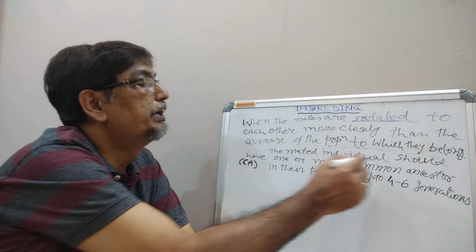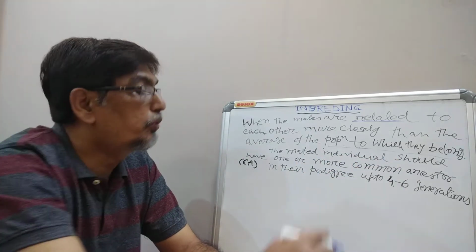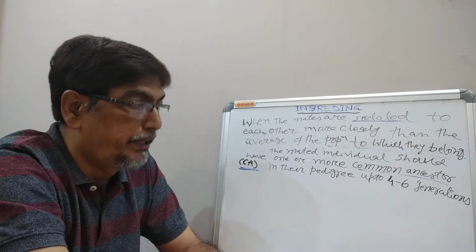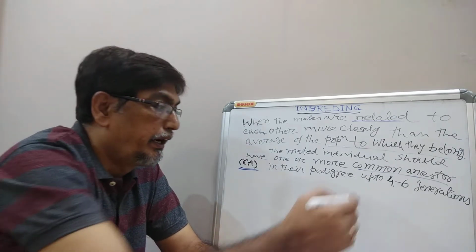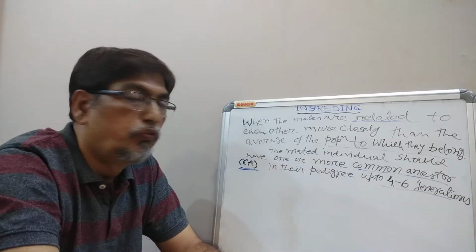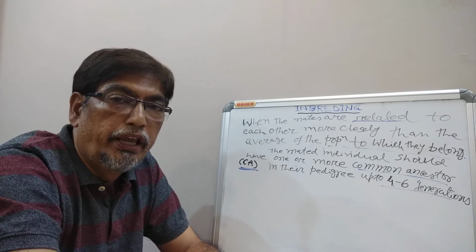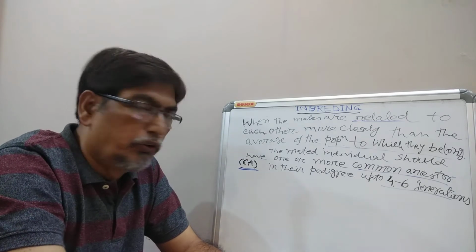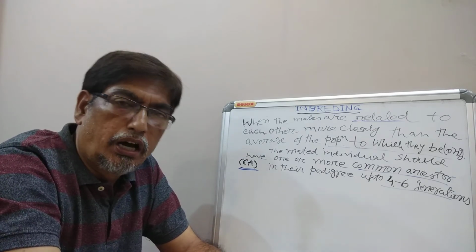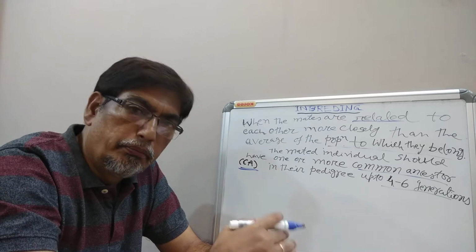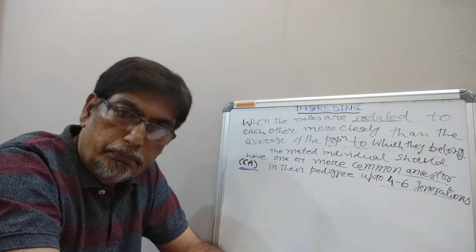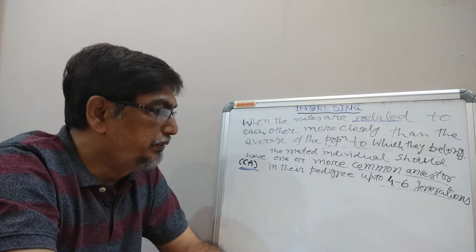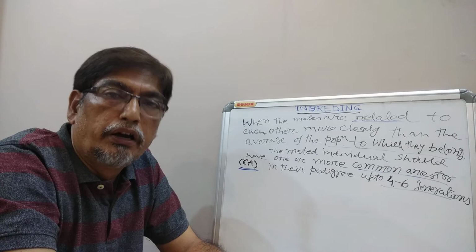That means the mating individuals should have one or more common ancestors, CA, in their pedigree. But mind that it must be up to 4 to 6 generations; we don't go beyond that. If we trace back many generations, all individuals have some relation.